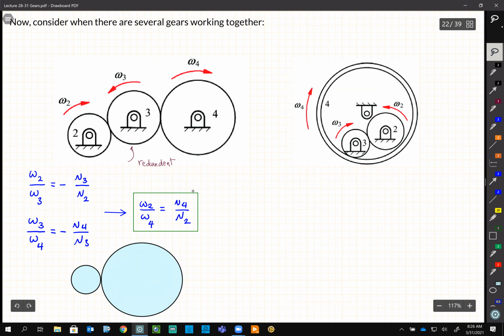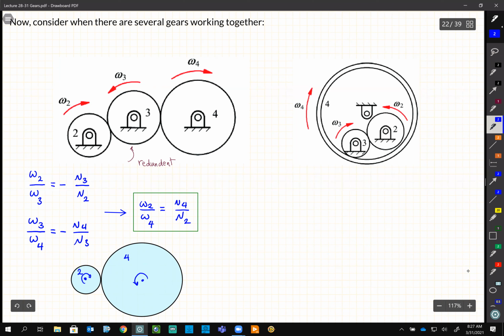If this is my gear 2 and this is gear 4, except the direction changed, right? But let's say you want to keep the direction, like the top one; if you want to change it, we need to add another one in the middle. But in terms of ratio, the ratio will be the same. So my point here is the middle one is redundant.